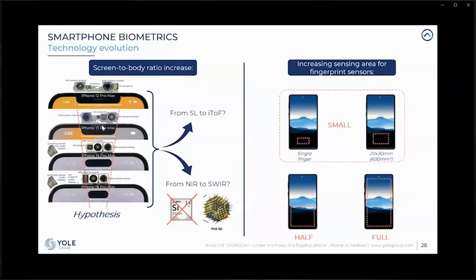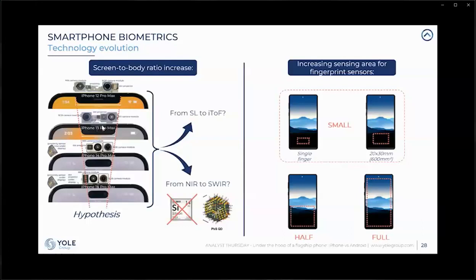Unfortunately, the SWIR cannot be absorbed by the silicon material, so we cannot use classical image sensors. So there are some ongoing developments to find a way to make very low-cost SWIR image sensors based on a quantum dot material. For example, this is what is illustrated on the slide.